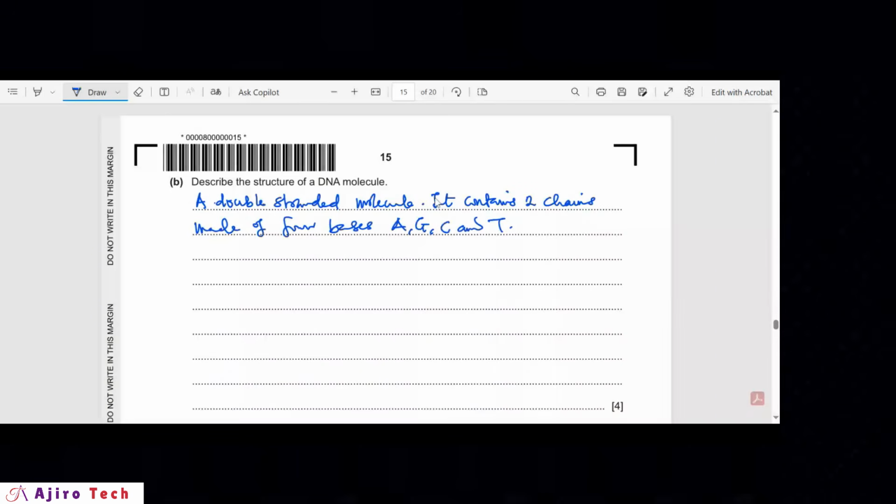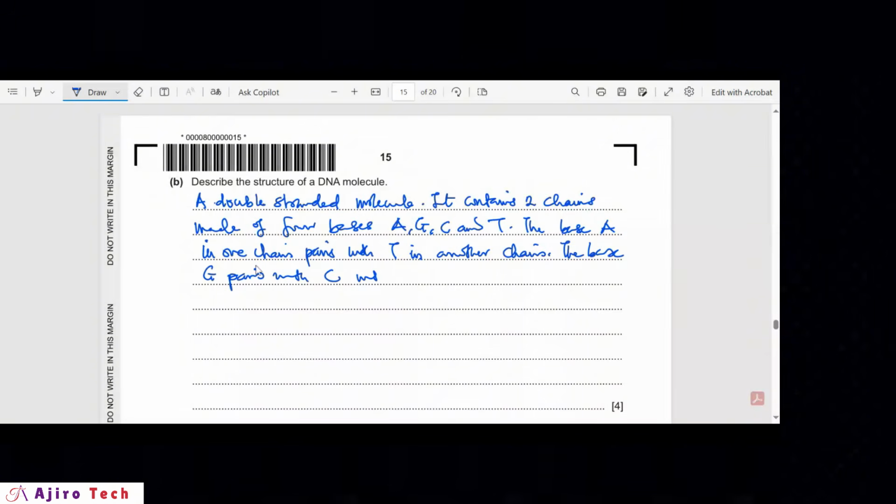Okay. We need to say the base A in one chain pairs with T in another chain.